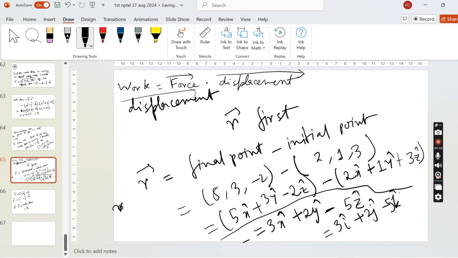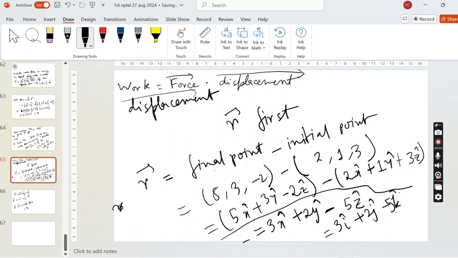So the displacement here is r. We need to know the displacement in vector form. How can we know that? We subtract the initial point from the final point.